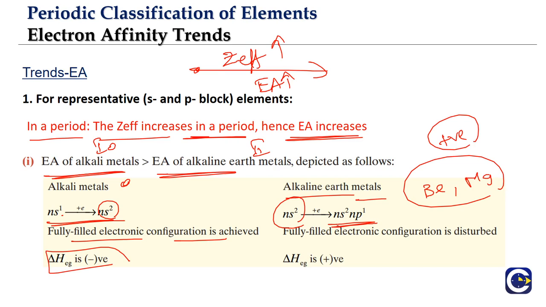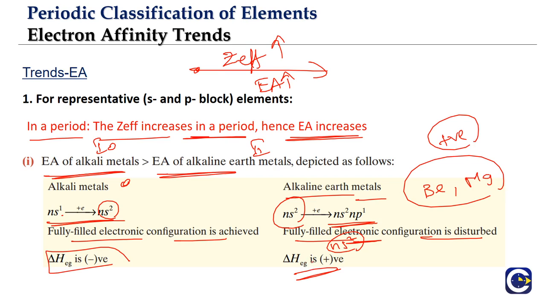So we are moving away from a stable arrangement. The fully filled ns2 level is being disturbed. As a result, exceptionally in the case of beryllium and magnesium, the electron gain enthalpy itself becomes positive.